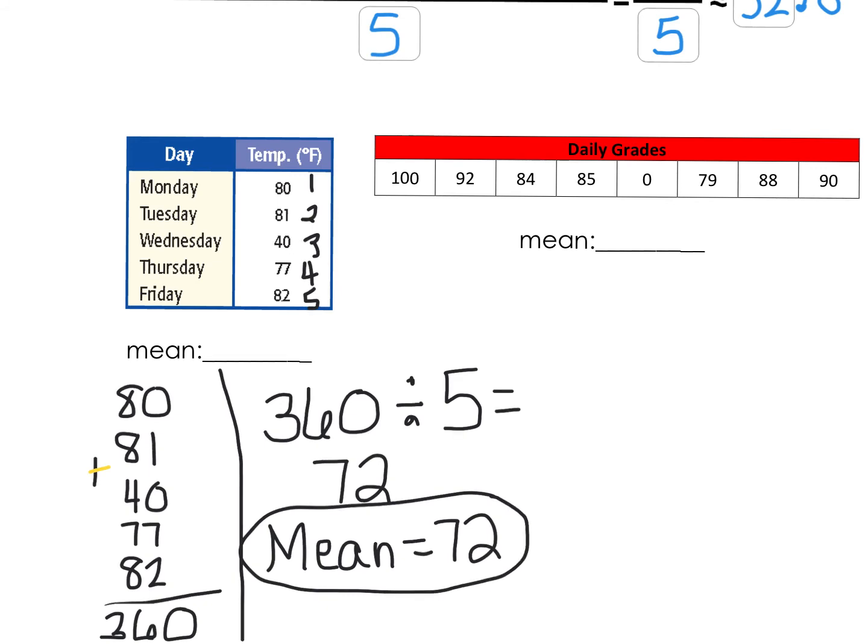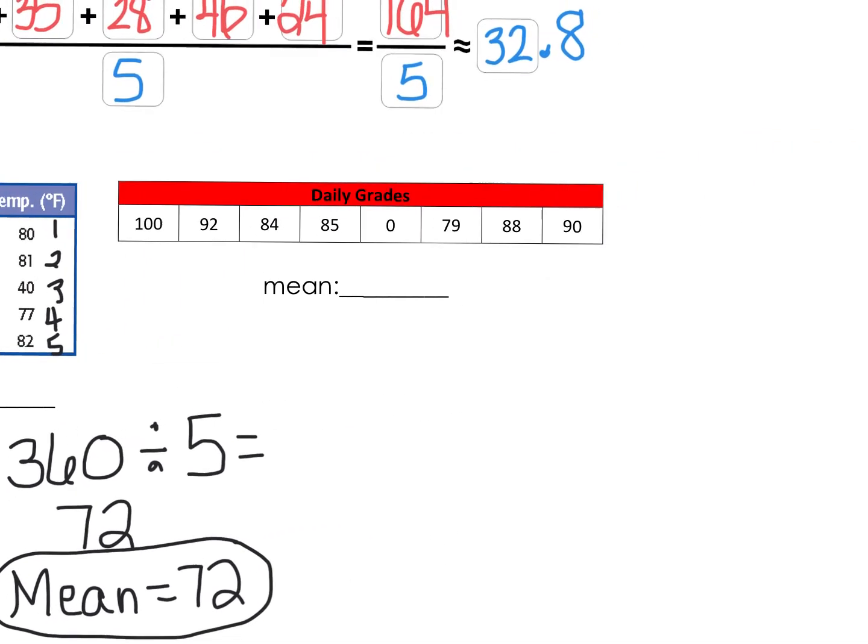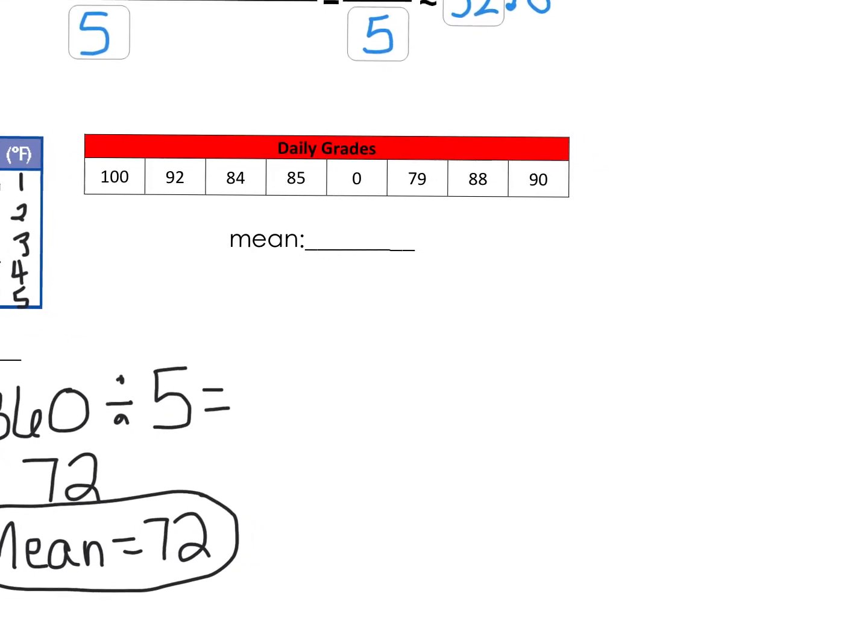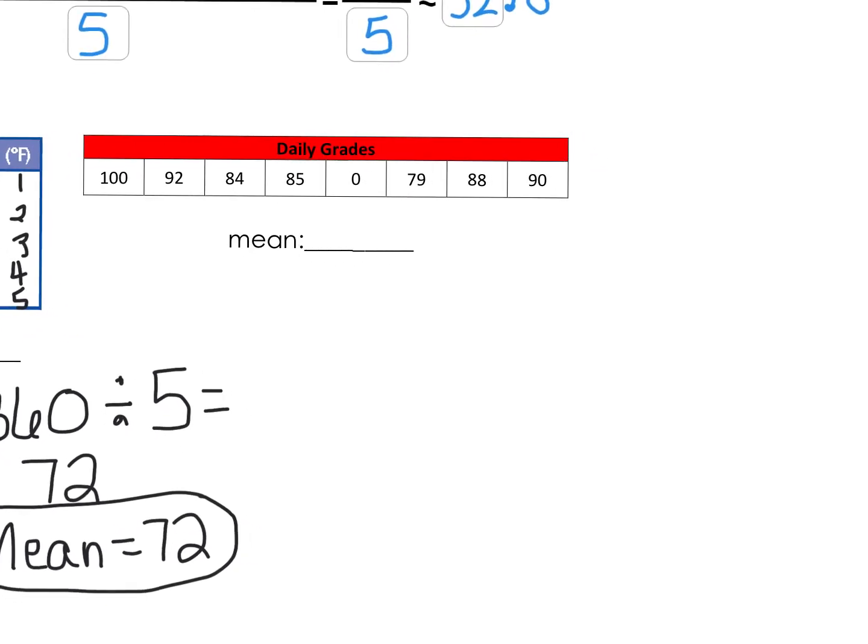Okay. Let's go ahead and look at this last problem together here. We're going to do step one. Remember, step one means that we're going to take all our numbers and we're going to add them up. So we're going to add up 100.